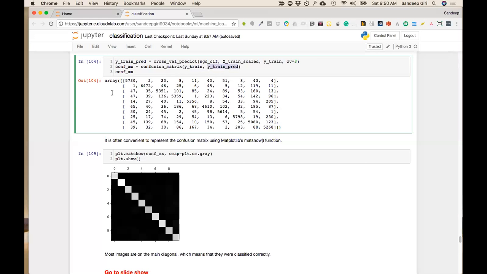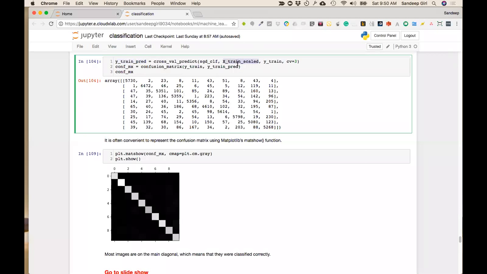All it does is put all these values here. y_predicted is this, x_train is this.